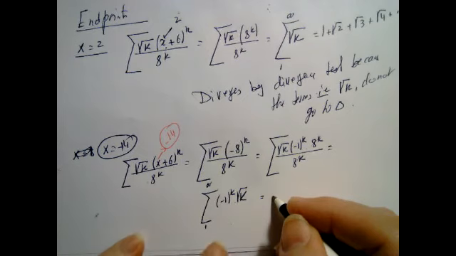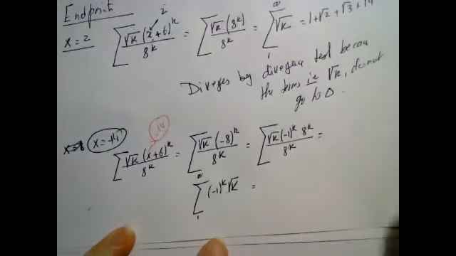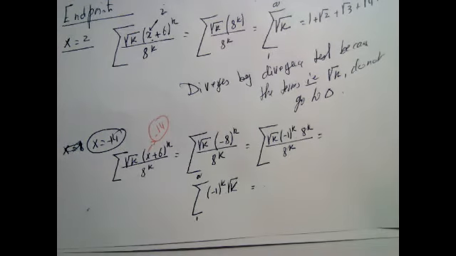Diverge, absolutely. Alternating series test. But what makes it diverge? Because it doesn't equal 0, the limit. Right, the limit of the term is not equal to 0. Absolutely correct.